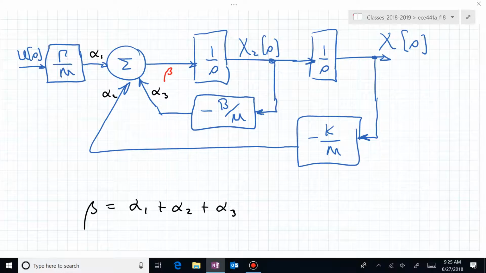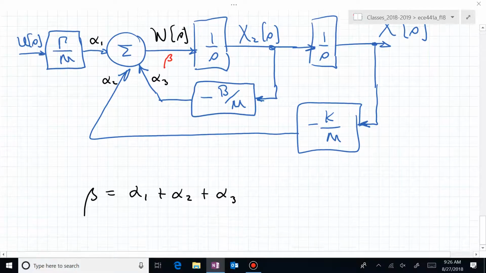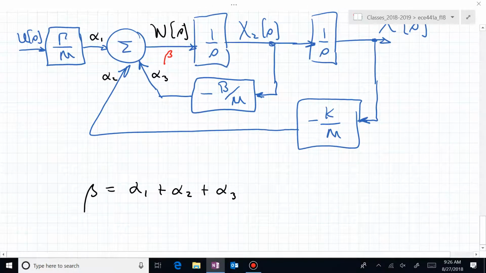So we have the output is equal to all the inputs. Now we simply replace those labels with the actual signals in our block diagram. For example, maybe we want to call this W. You can call it whatever you want, but now beta is W, so now I have W of s equal to, what's alpha 1?